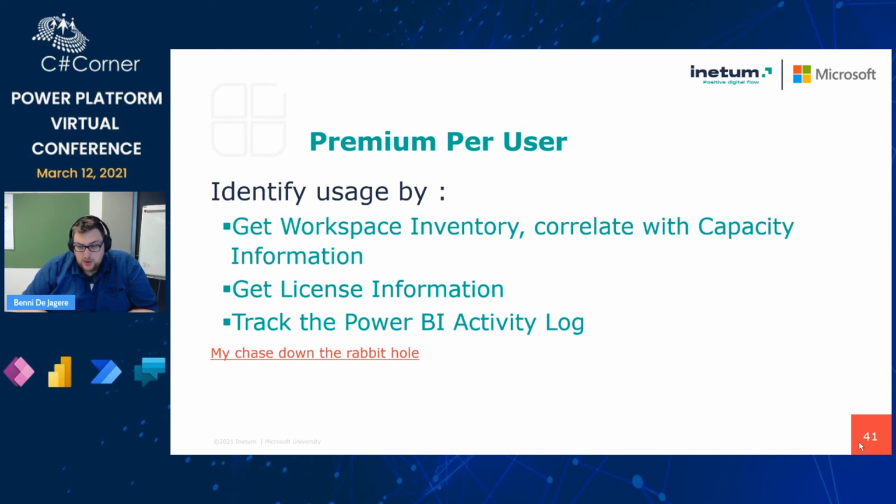The only way you can get an overview of people that can use premium per user and people that have done this is by getting workspace information, capacity information, license information, and the activity log, and correlating these things to each other. That's the only actual way you can get this data out of there and do something meaningful with it as well.